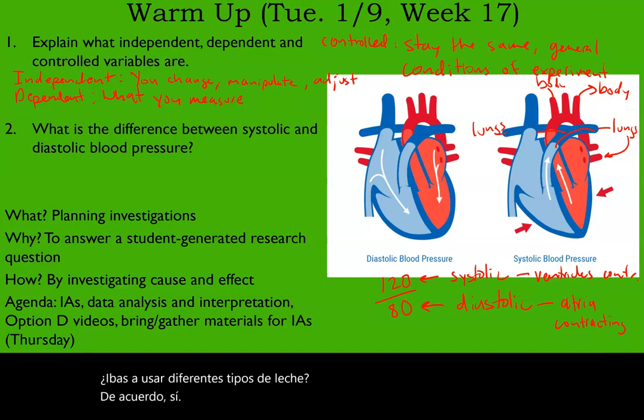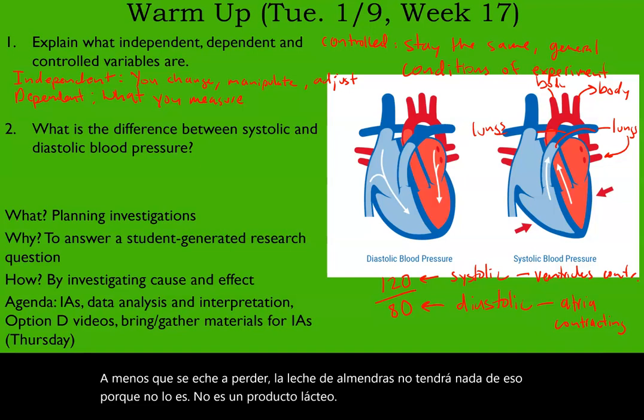Those are really different things because milk has bacteria in it, just low levels, right? Unless it spoils. Almond milk won't have any of that because it's not a dairy product. It's just crushed almonds and water filtered through crushed almonds.